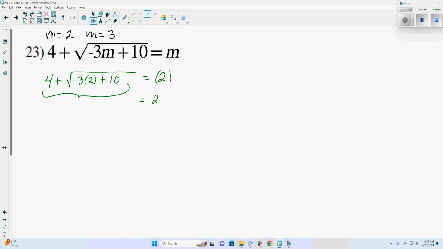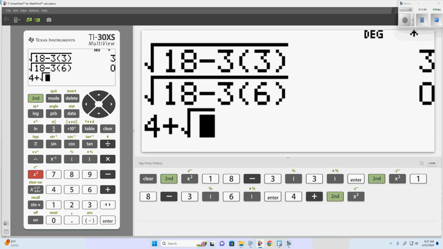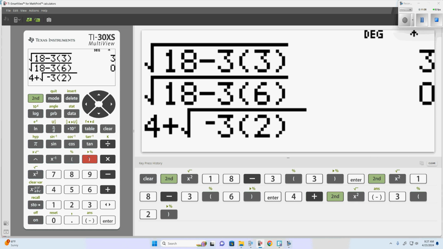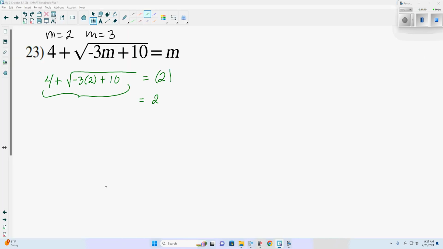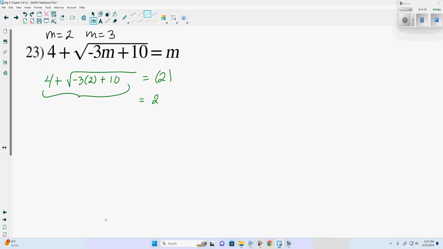So 4 plus the square root, we can plug all that in the calculator. 4 plus square root of negative 3 times 2, plus 10 is 6. 6 is not equal to 2, so 2 is not the correct answer.